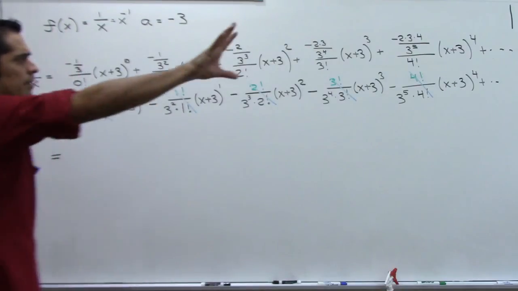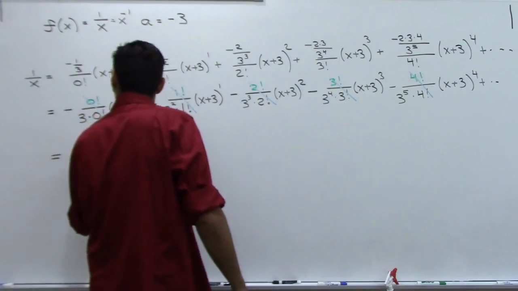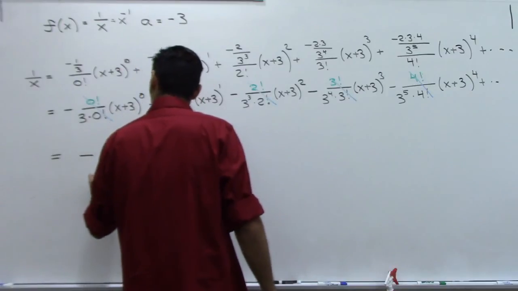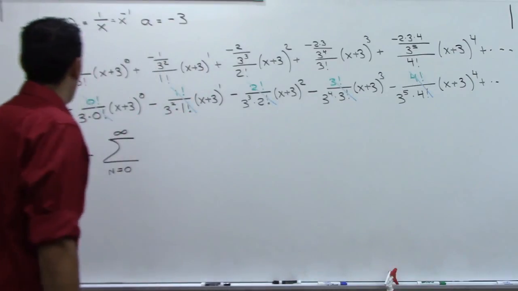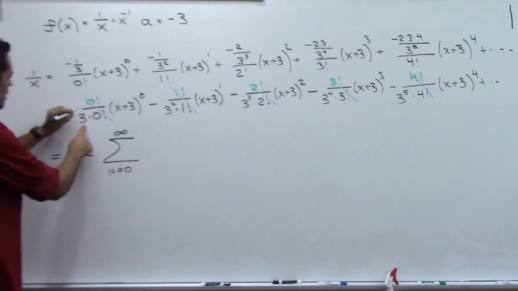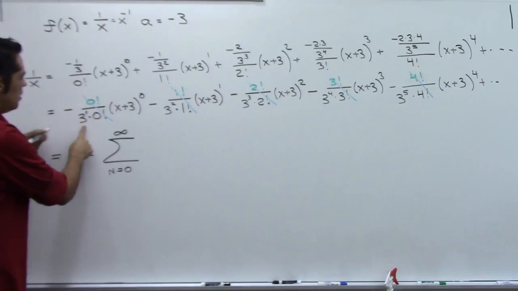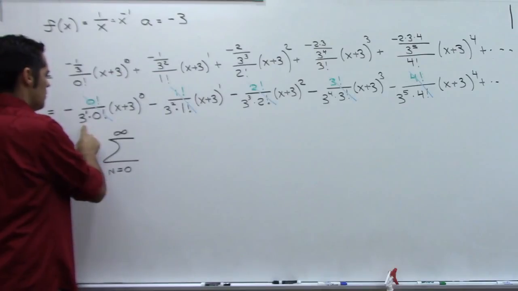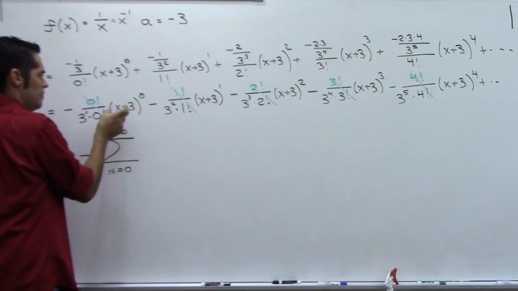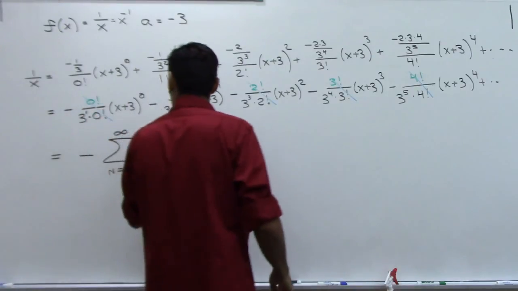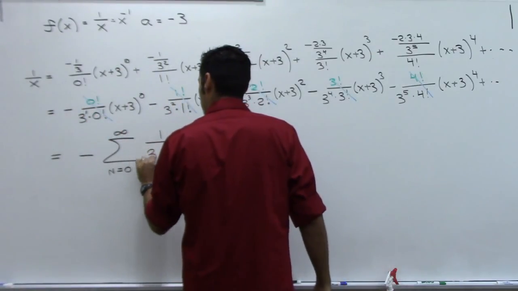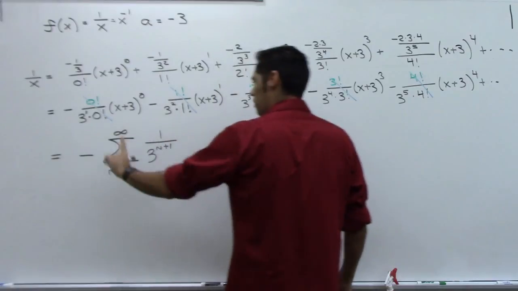We have a negative on every one of these. So we have a negative, sum, n equals 0 to infinity. And then this is 3 to the first power, right? And then the only other thing we have is x plus 3 to the 0 power. So I need to put 1 over 3 to the n plus 1. That'll give me 3 to the first power.